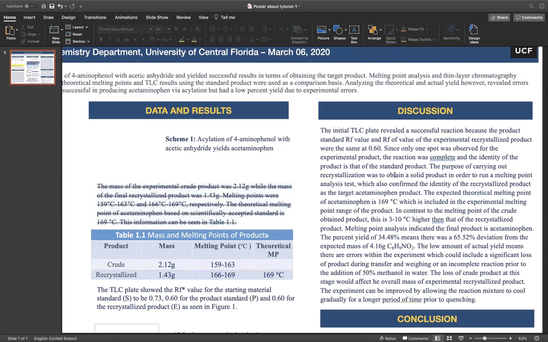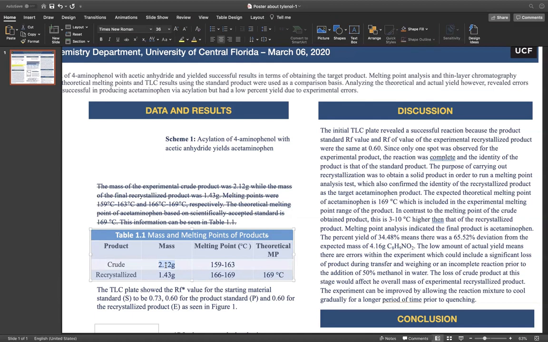You're more so explaining it. Do you have to explain every single data point that you get? No. Do you have to explain how you got to calculating theoretical yield? No. Do you need to mention the mass of the crude product, for instance, within your discussion?